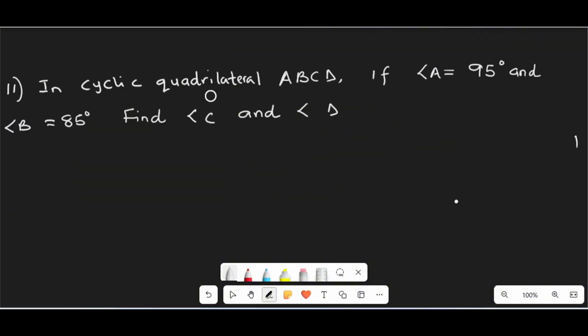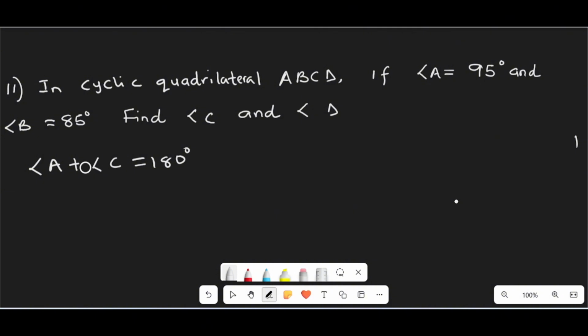In cyclic quadrilateral ABCD, if angle A equals 95 degrees and angle B equals 85 degrees, find angle C and angle D. The opposite angle to A is C and the opposite angle to B is D. So we can say angle A plus angle C equals 180 degrees.